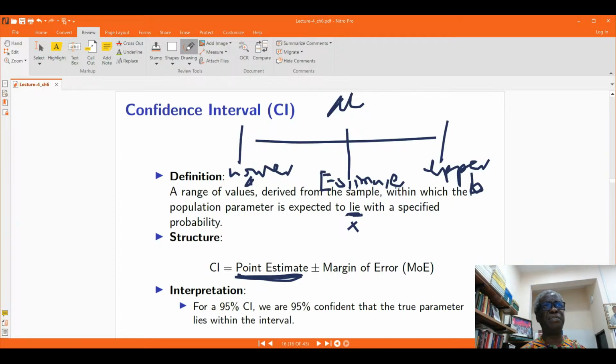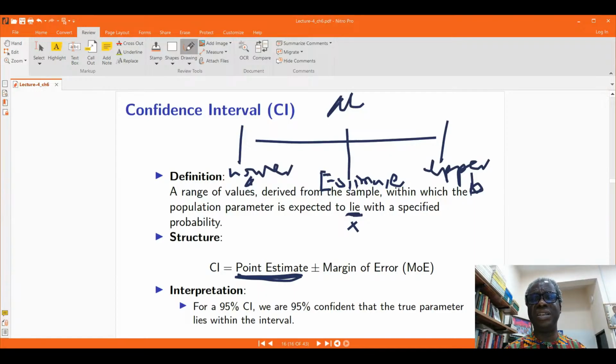In the case of population proportion, the point estimate is the sample proportion. So when you get the sample proportion, you will need to determine what will be the lower value, and you need to determine what will be the upper value.